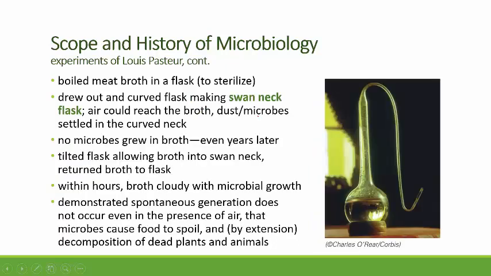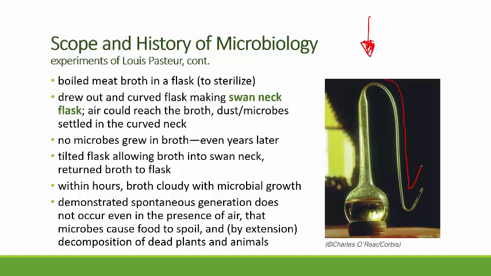So here is Pasteur's experiment. First, he boiled meat broth in a flask, and he boiled it long enough that it was sterile, or reasonably sterile. Then, using a flame, he heated the glass at the neck of the flask, and he drew that glass out into a long, curving neck, what's known as a swan neck flask. Here is one of his swan neck flasks, and you can see this long, curving neck.